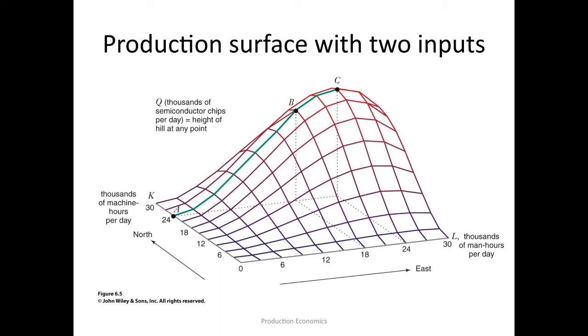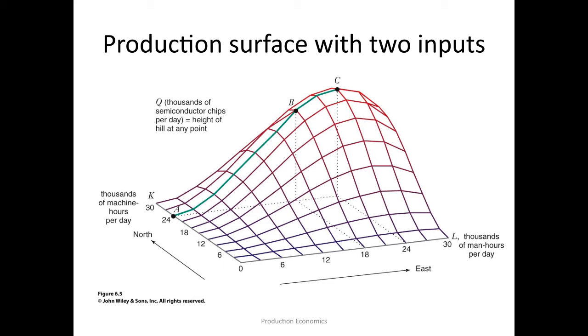We can illustrate what would happen as we change the level of input use associated with one of these variable inputs. For instance, let's suppose that we have 24 units of capital being used but no labor. That would position us at point A on this production surface. As we increase the units of labor that's being used but hold capital fixed, we actually increase our level of output.